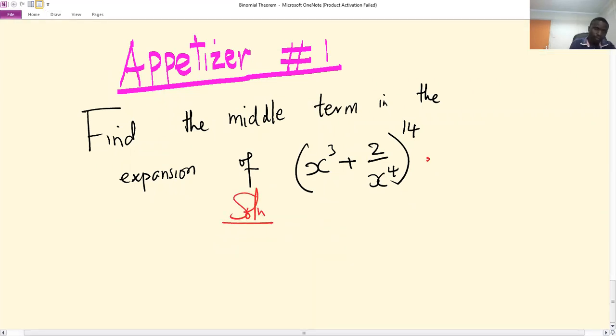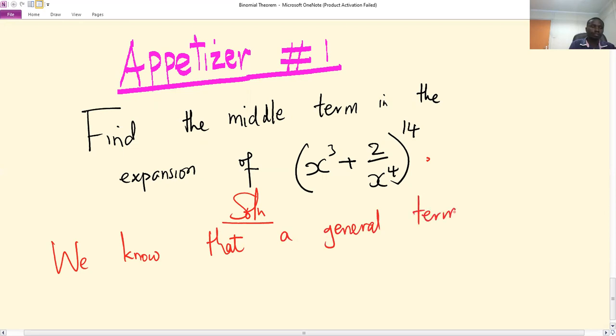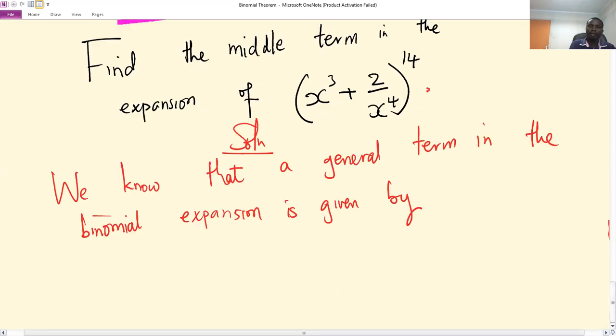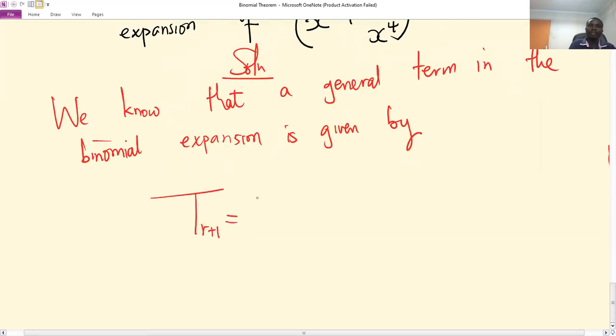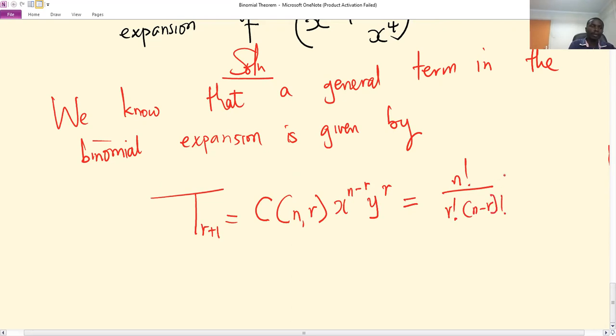So, solution. We know that a general term in the binomial expansion is given by T_(r+1) equals n combination r, x raised to the power n minus r, y to the power r, which is the same thing as n factorial over r factorial times (n minus r) factorial, and then x raised to the power n minus r, y to the power r.